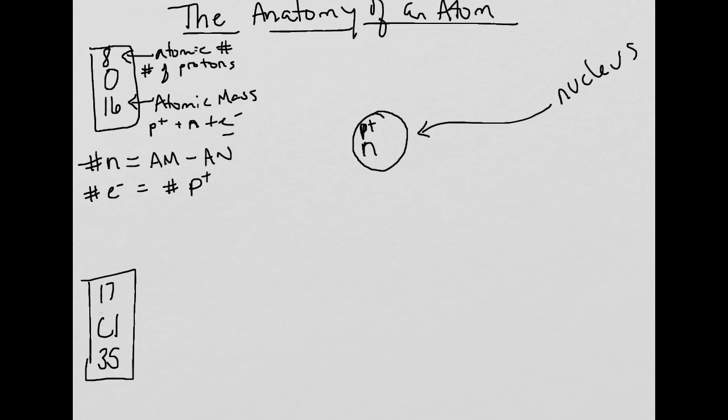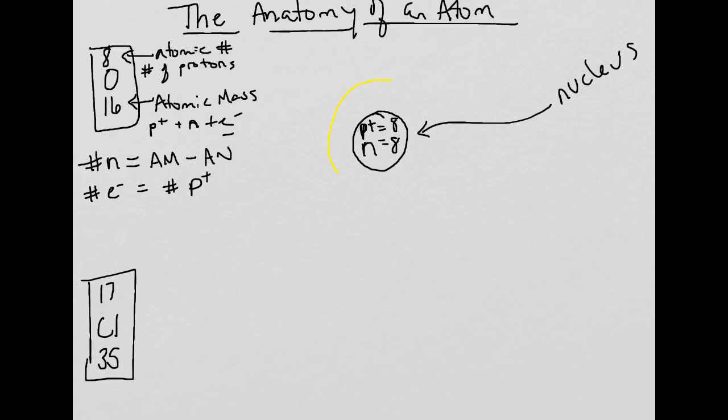Okay? Alright, so I'd like you to draw the number of protons and neutrons in the nucleus. So 8 and 8, right? And then we start drawing shells. So atoms have these shells or orbitals. I'm going to draw them in yellow.